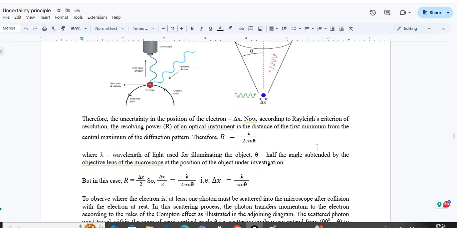But obviously we are talking about R equal to delta x by 2, the half of this portion. So delta x by 2 equals lambda by 2 sine theta. So delta x can be given as lambda divided by sine theta. So the uncertainty in the position is given by lambda by sine theta. Now we have got the position.